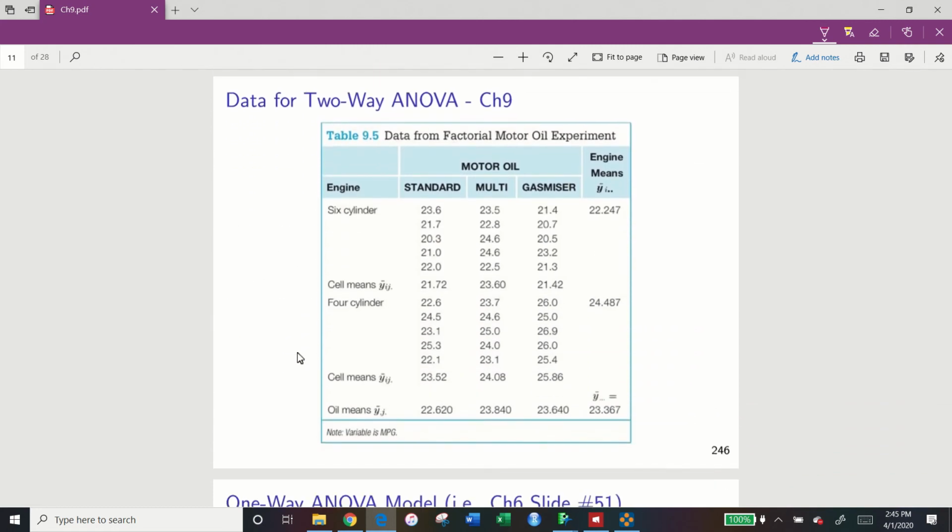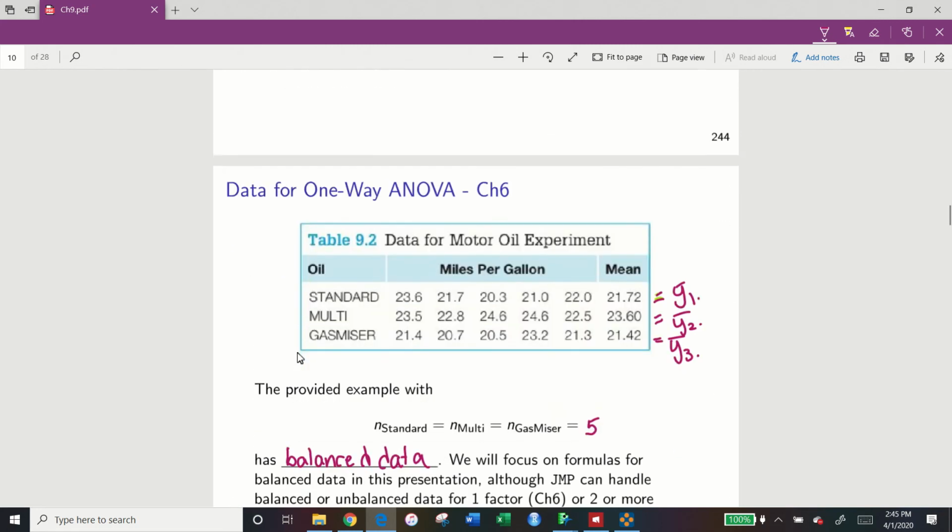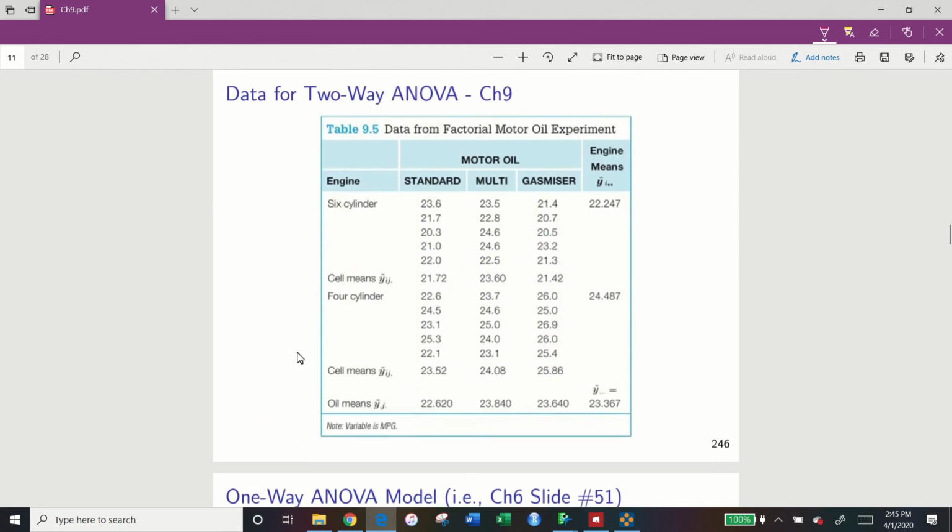Now let's take one step further and take a look at how data for the two-way ANOVA will look. So essentially what happens is you take your data for the one-way ANOVA and you just add another factor. So in this case, we still have our motor oil with our 3 types, standard, multi, and gas miser. They still have 5 observations, but what we did is we added an engine type.